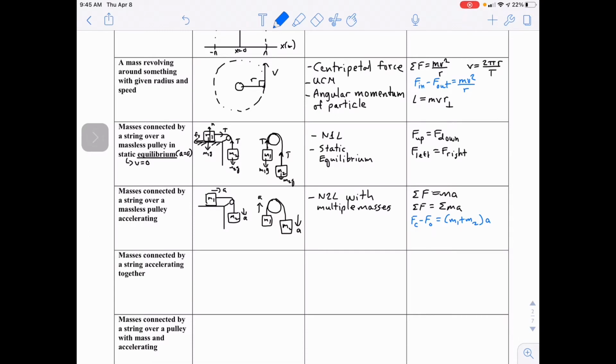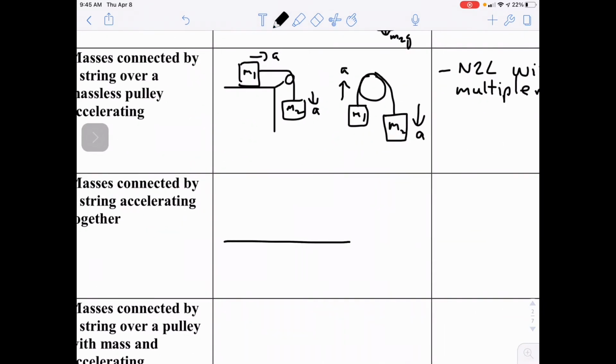Now, what if we have masses connected by a light string accelerating together? There's mass 1 connected to mass 2, and mass 2 is being forced to the right, which means the system is accelerating to the right.